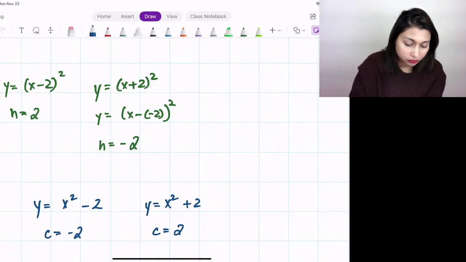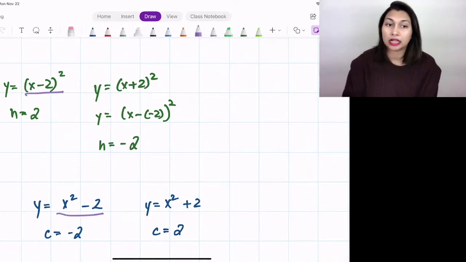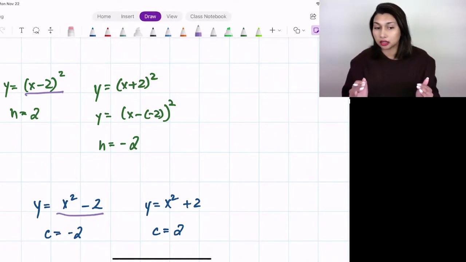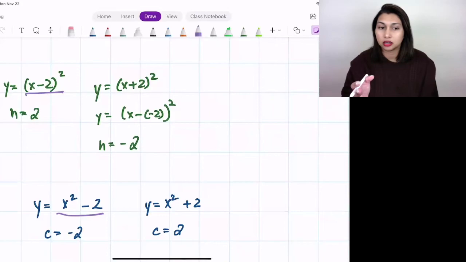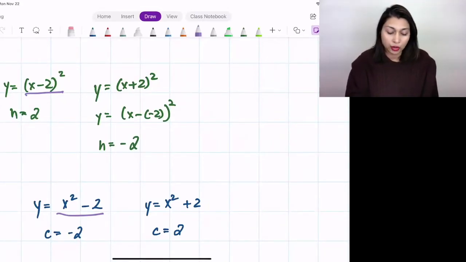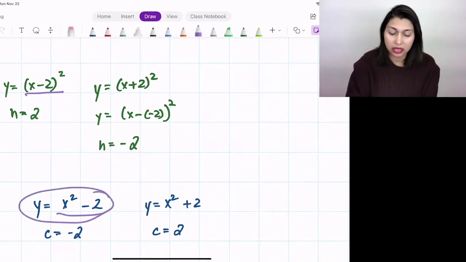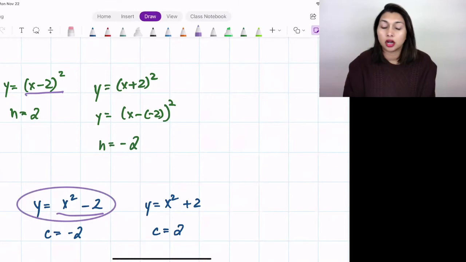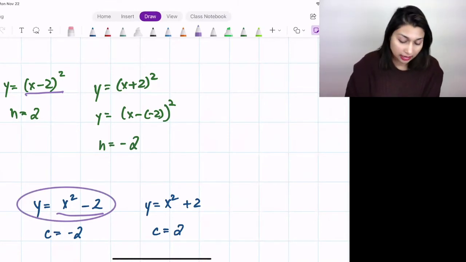The reason why I use these numbers is because I want you to look at the examples above and take note of the difference. For the h value, it's inside the bracket, and whatever is inside the bracket is the opposite. So if we see a negative there, it's actually positive. Whereas when it's outside of the bracket, like this example over here, if we see a negative, it's actually a negative.